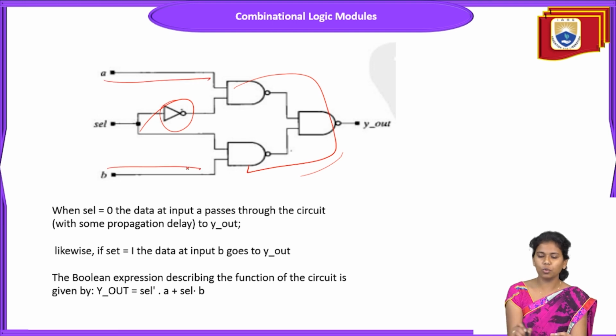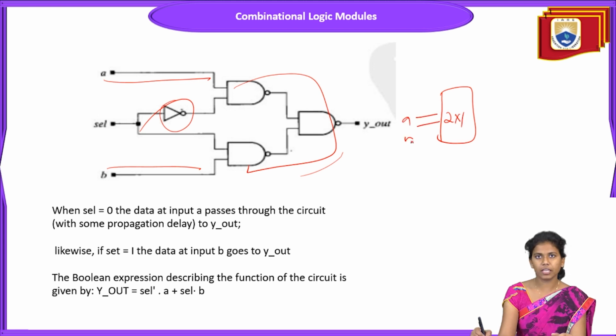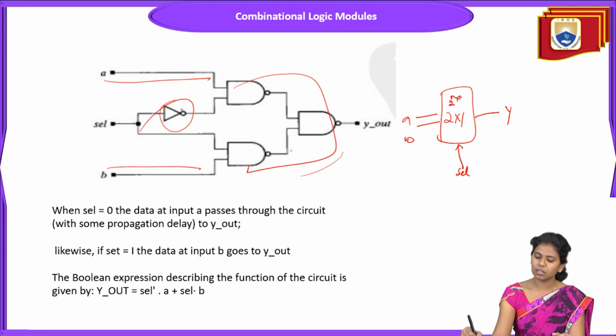For the 2x1 multiplexer, we have inputs A and B, and the output Y with the selection line. That means 2 power n inputs, n selection lines, and one output.